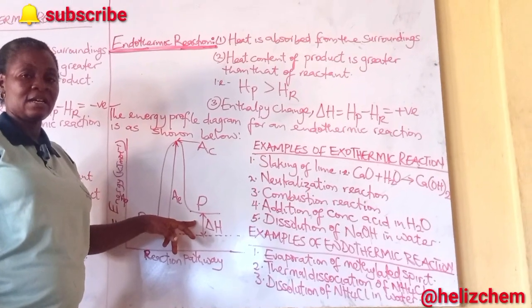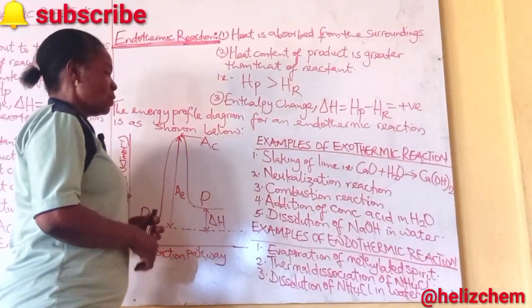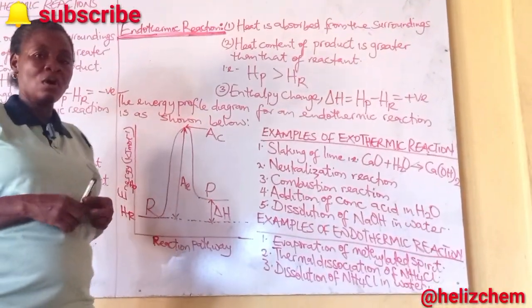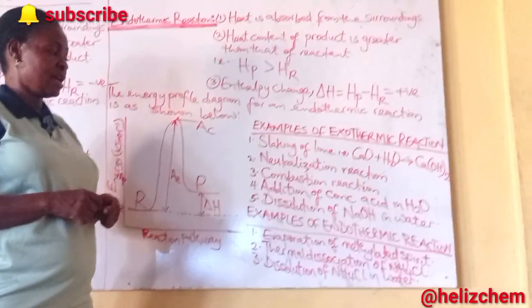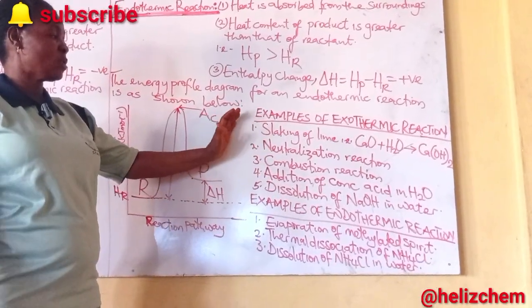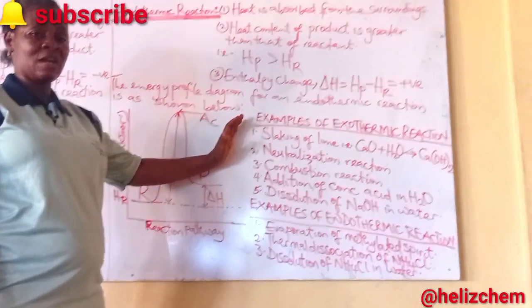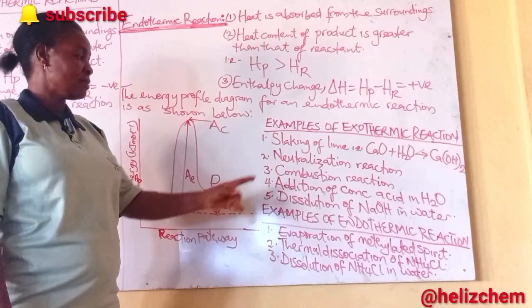Going forward, we want to look at some examples of exothermic and endothermic reaction. When you look at this board, few examples of exothermic are written on the board. 1.